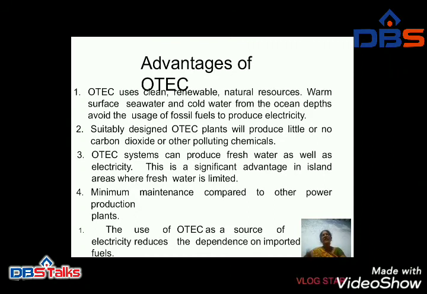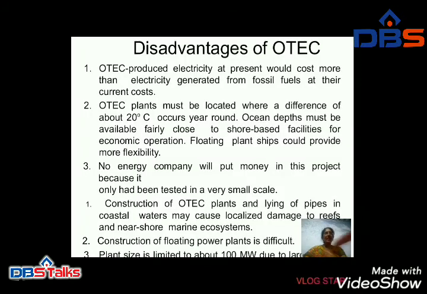And when you talk about the disadvantages of this ocean thermal energy, this ocean thermal energy produces electricity at present that would cost more than the electricity generated from fossil fuels at their current cost.